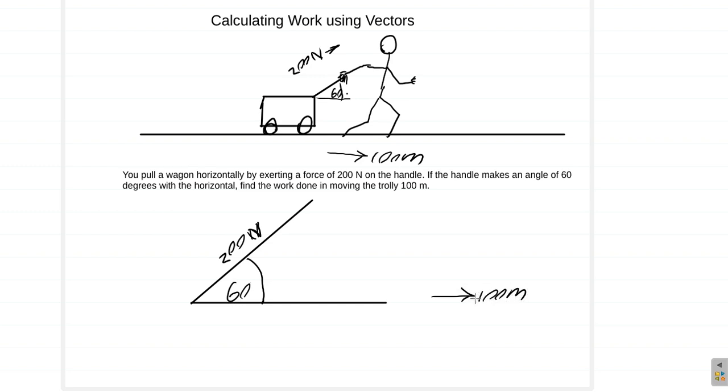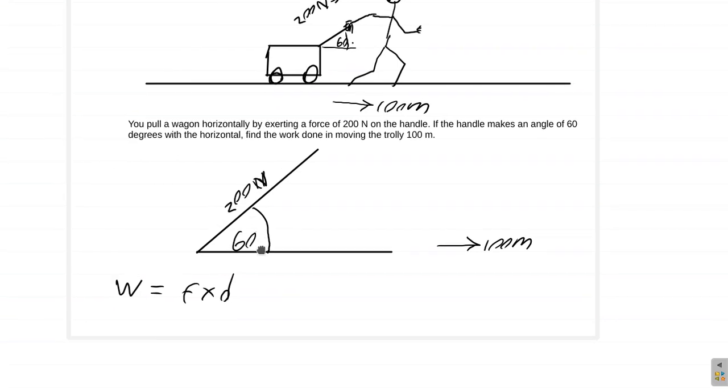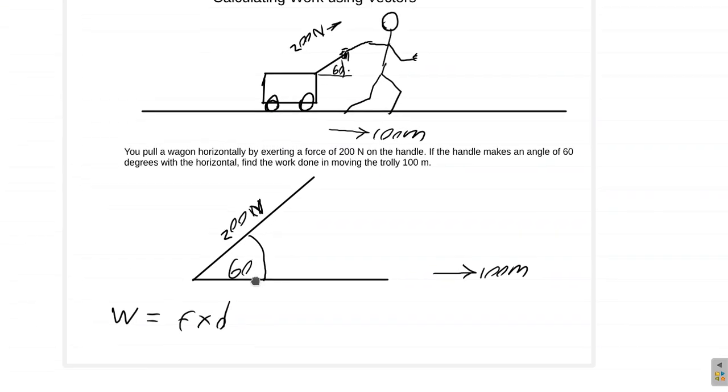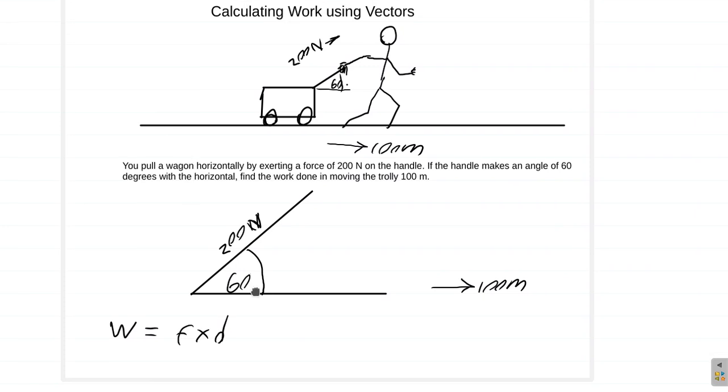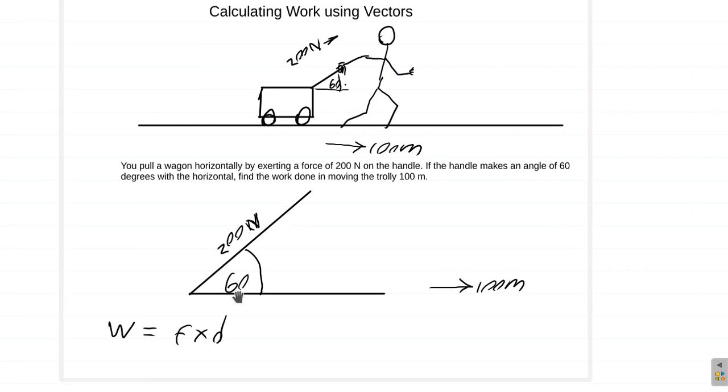Now you know from your physics class that work is equal to force times distance. F times D, force times distance. Now, the force is a vector. And this distance tells you the direction. The magnitude is 100 meters. The direction is this way.